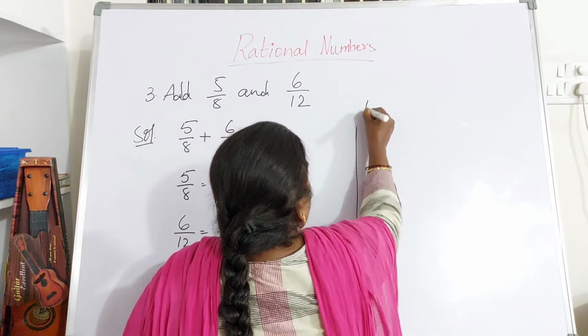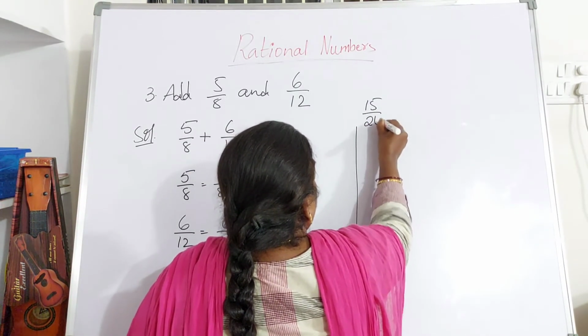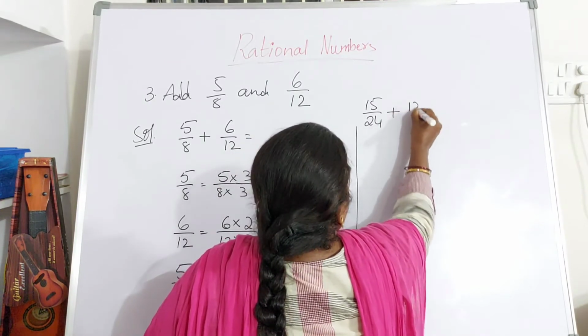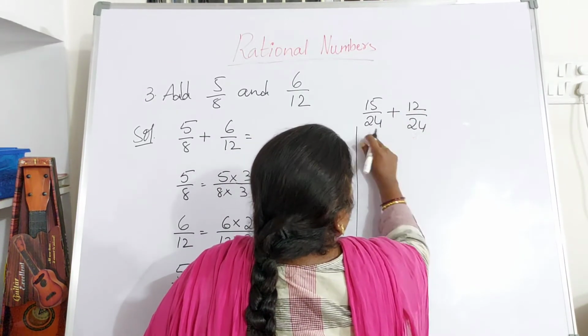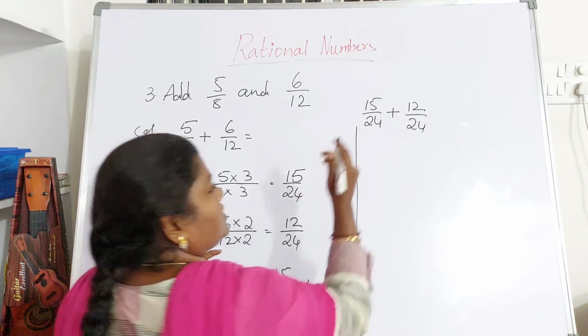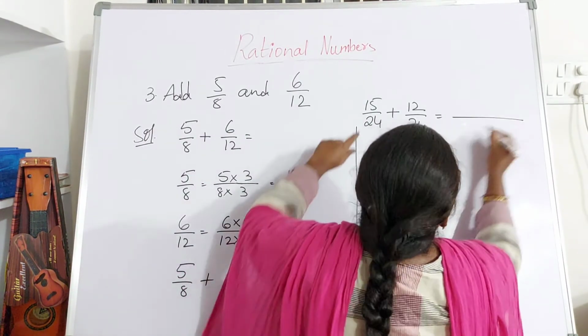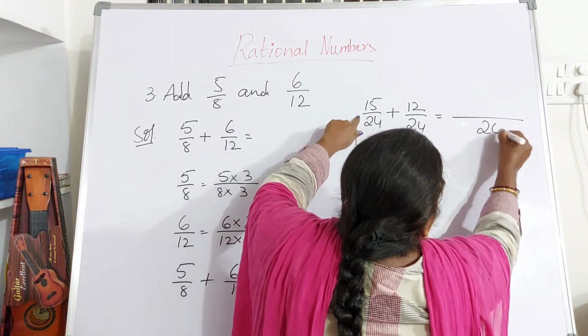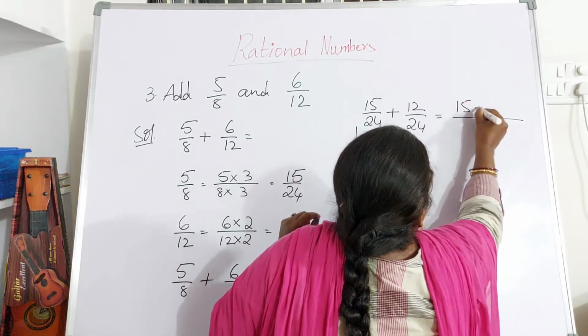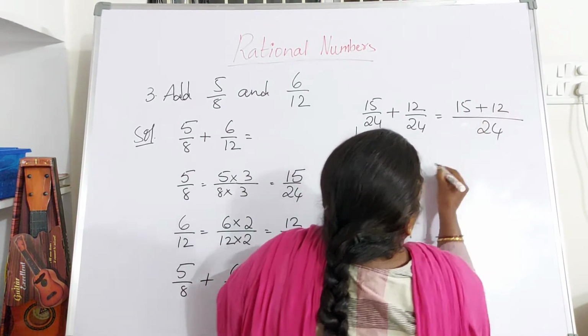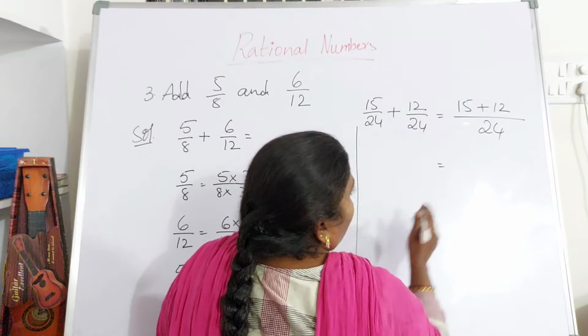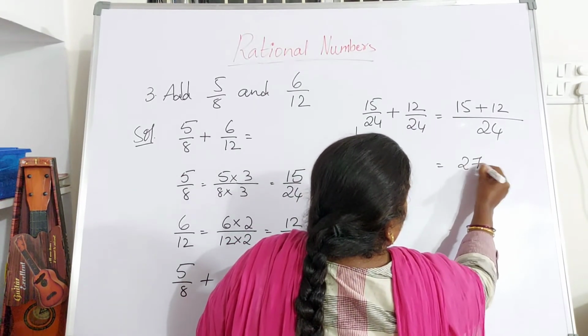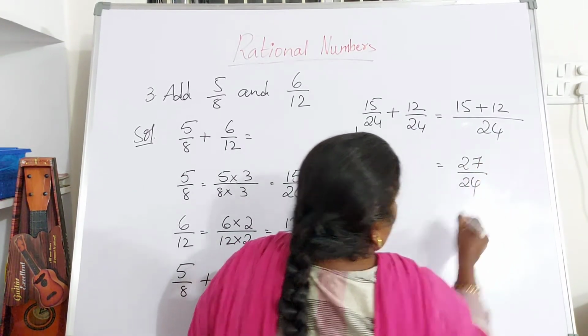Now it is nothing but 15 by 24 plus 12 by 24. Now both are like fractions. So if it is a like fraction, directly you can take the denominator as 24, add the numerators, that is 15 plus 12, that is nothing but 27 by 24.